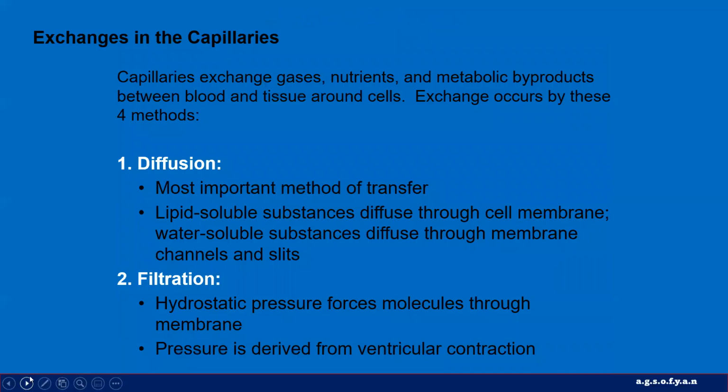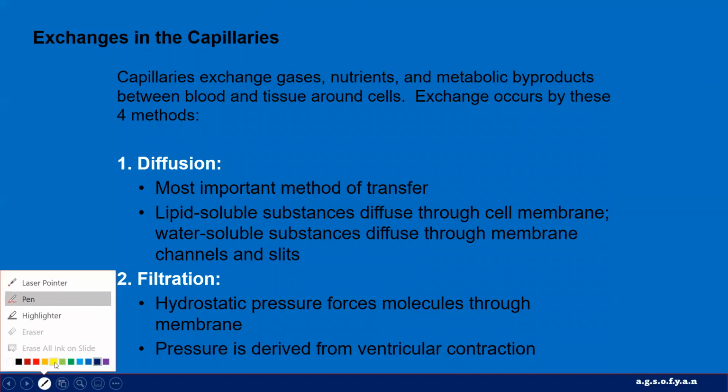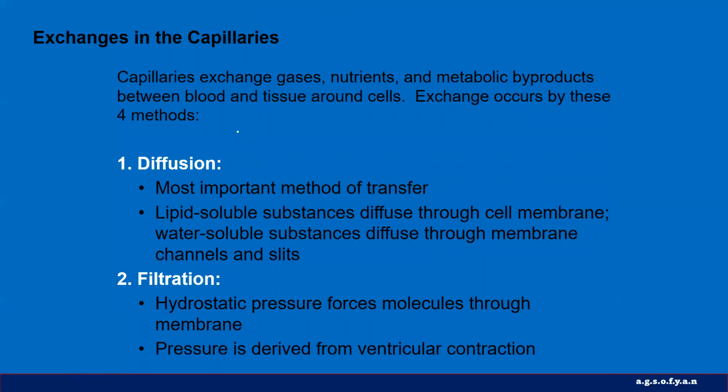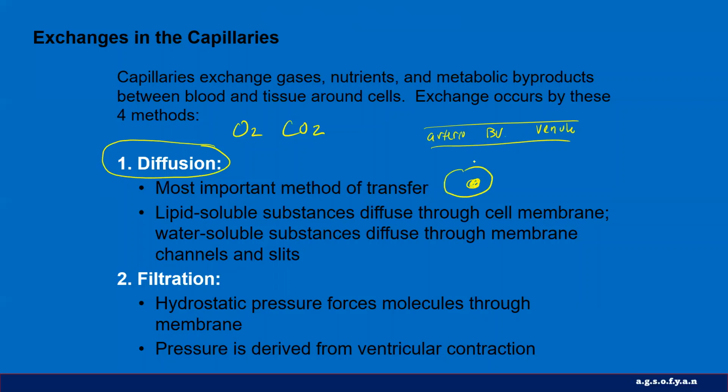Now, there are several types of exchange. For the smaller substances like oxygen, carbon dioxide, gas, they usually exchange by diffusion. If this is the blood vessel, this is the arteriole side, this is the venule side, and this is our tissue cell.